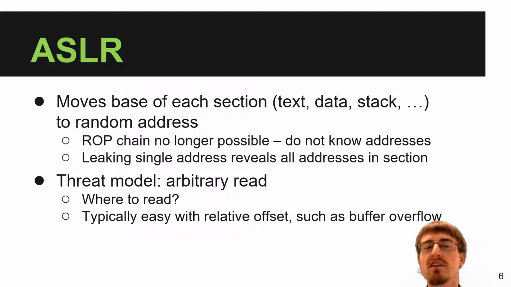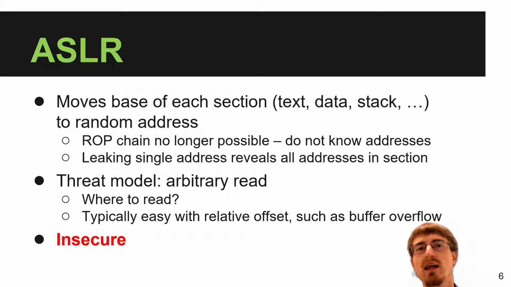Now, in practice, this is typically very, very easy. Because if we have only a single buffer overflow or something like it that works with a relative offset and that can perform our arbitrary read, then we're already there. We can easily find a pointer to leak, in all practical scenarios. So ASLR is easily broken within the threat model.